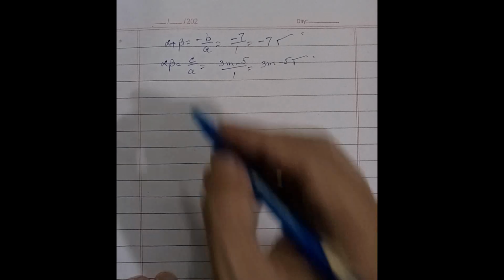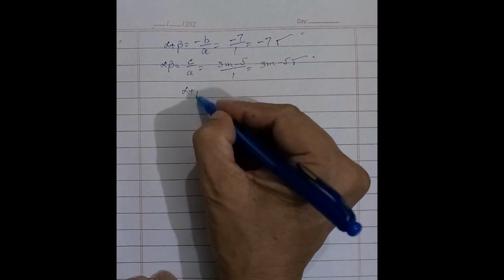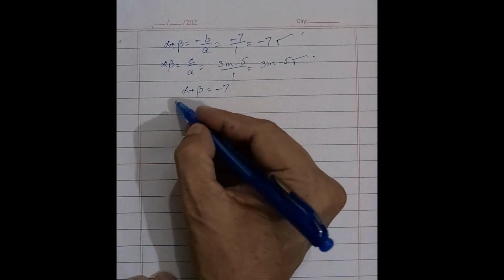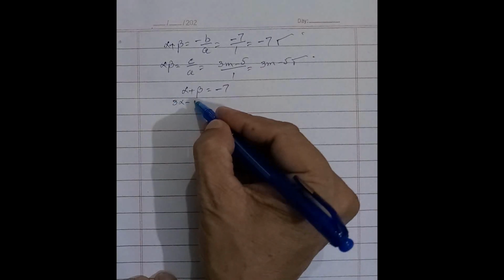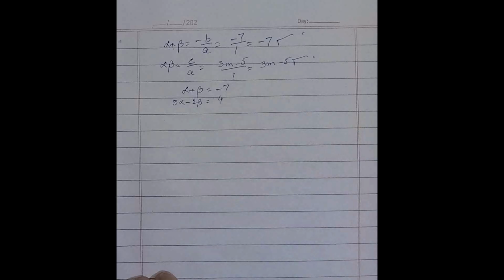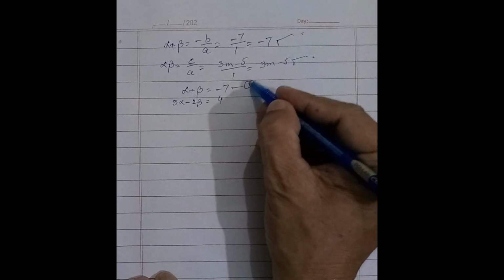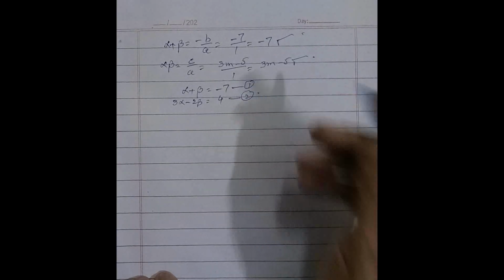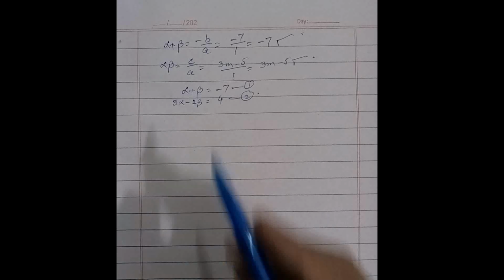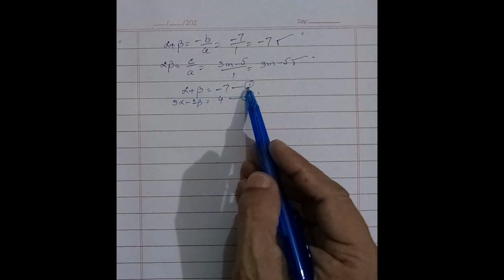So we solve alpha plus beta is equal to minus 7, and the other is 3 alpha minus 2 beta is equal to 4. The first is equation 1 and the second is equation 2. Now we simultaneously solve these equations. We first multiply equation 1 by 2.